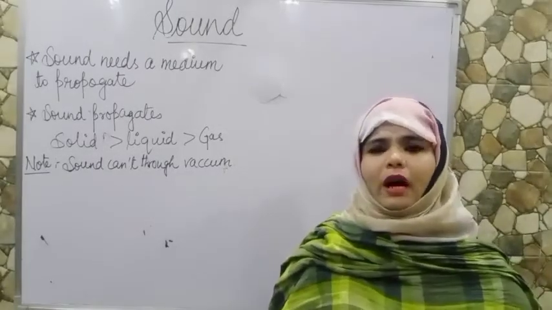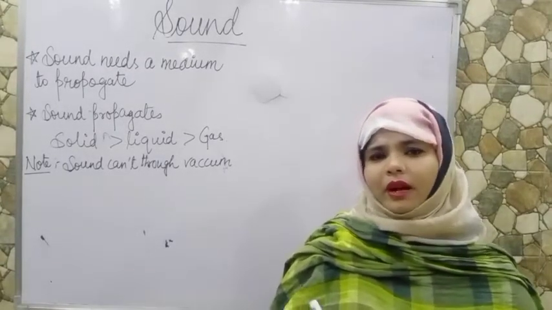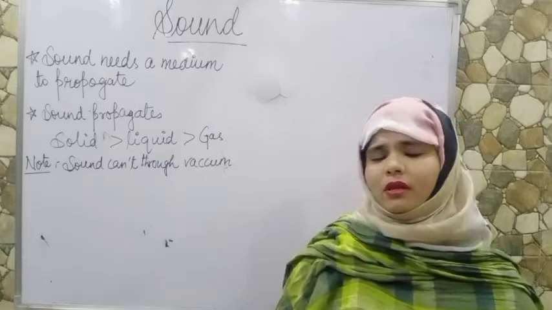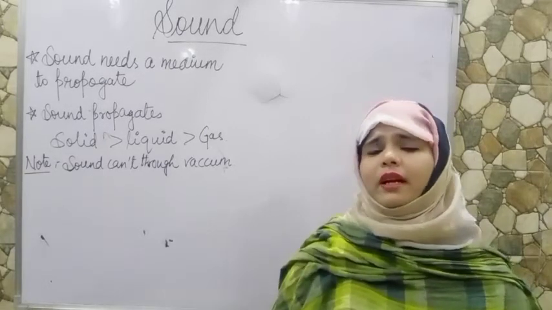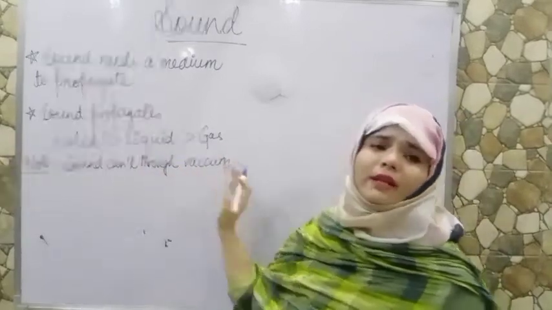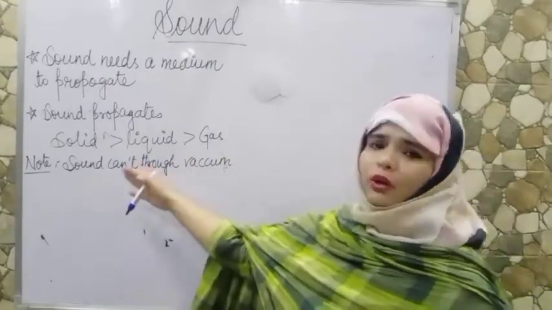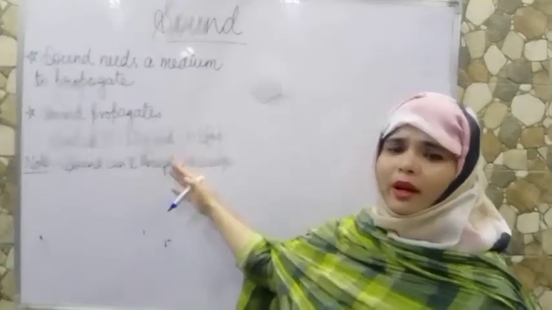As you know that sound needs a medium to propagate. Sound can't travel in a vacuum. Now see how sound travels in different kinds of mediums like solid, liquid and gas. Actually sound propagates much faster in solid and then in liquid and then gas.